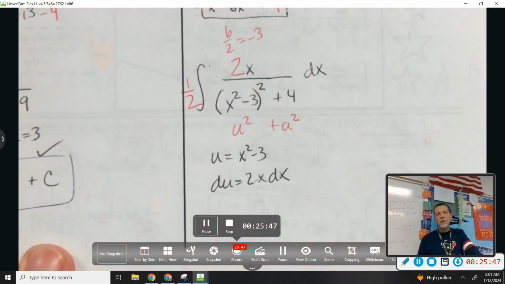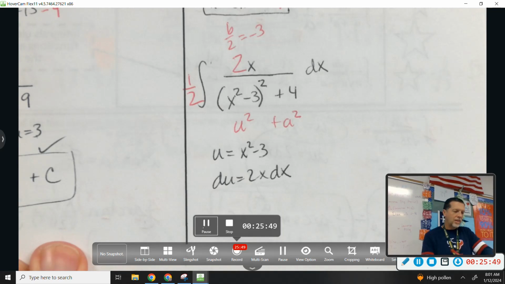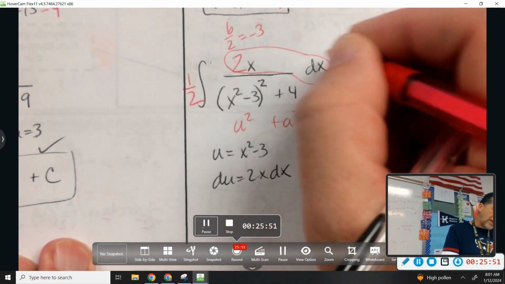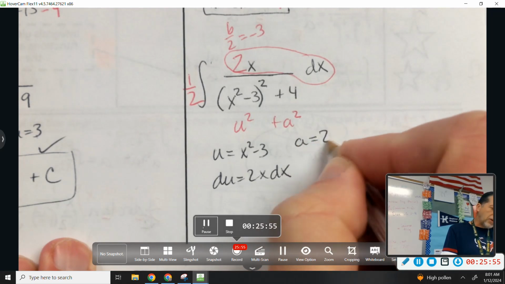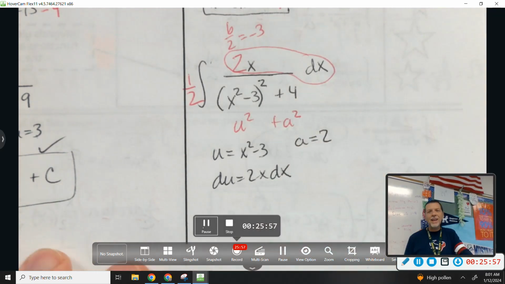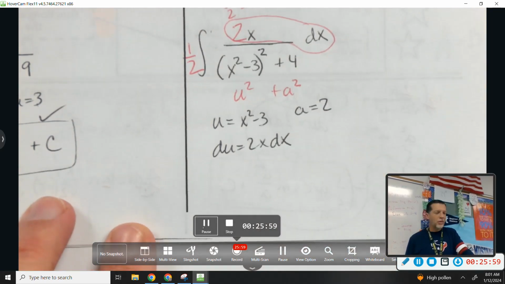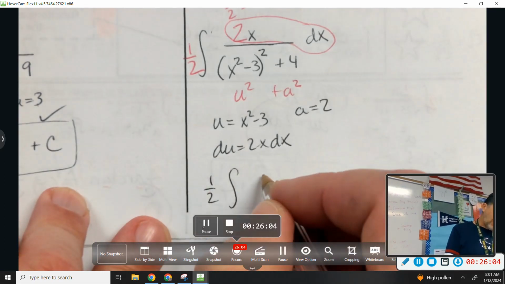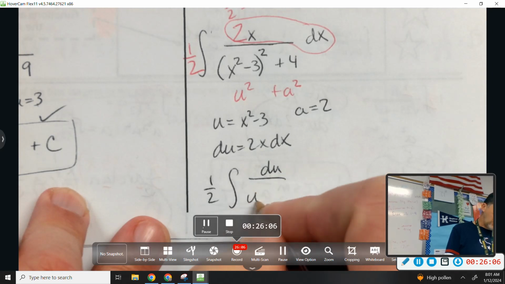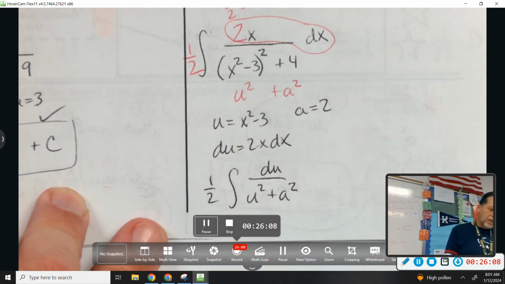So I'll spawn a 2 in there to make 2x and make all of that now du. I better say what a is so that if I leave a u and an a later on, I'm okay. So 1/2 antiderivative du over u squared plus a squared.